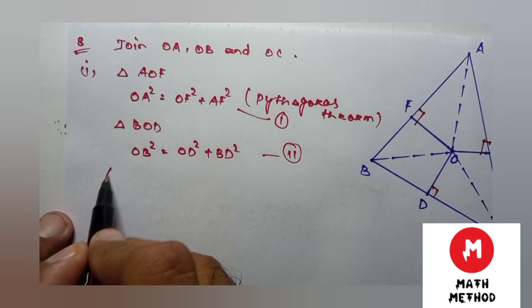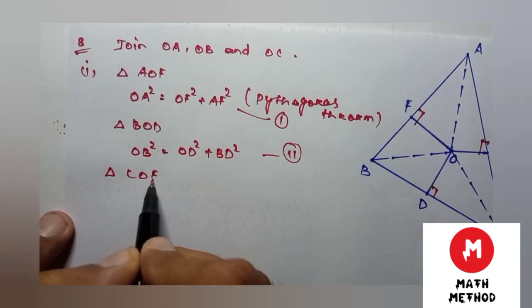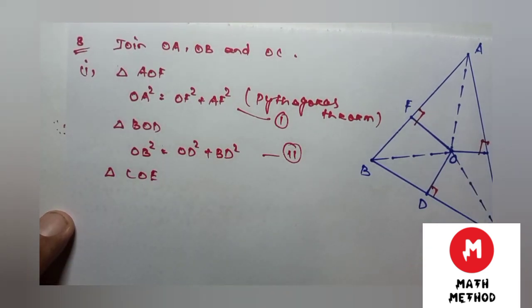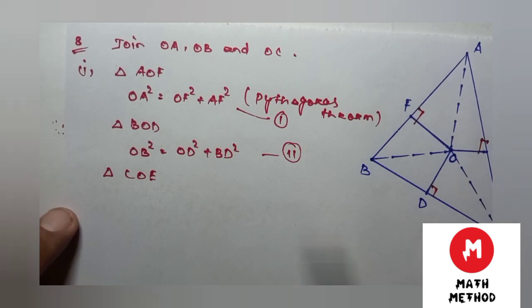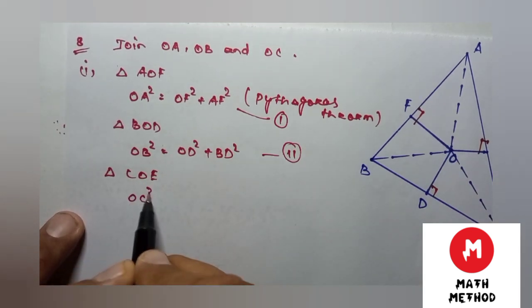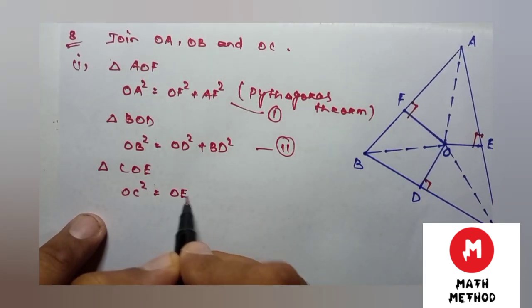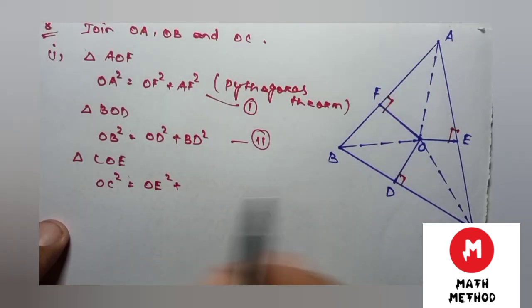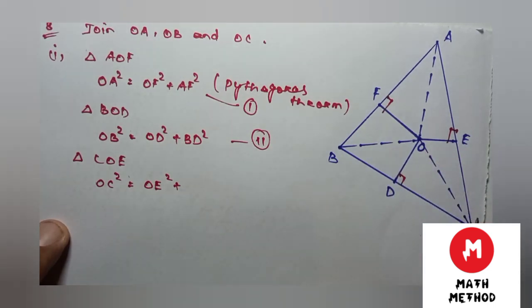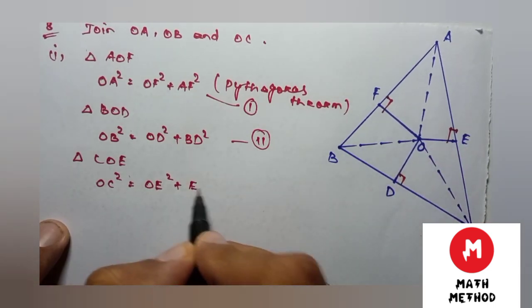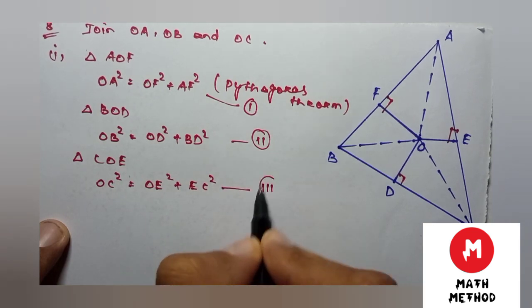Similarly in triangle COE, OC is our hypotenuse, so OC square is equal to OE square plus EC square. This is our part 3.